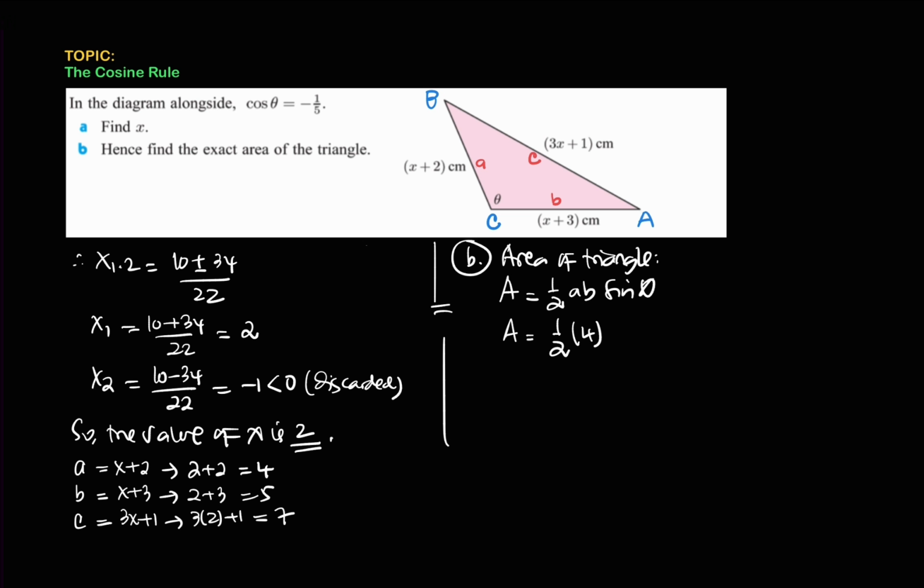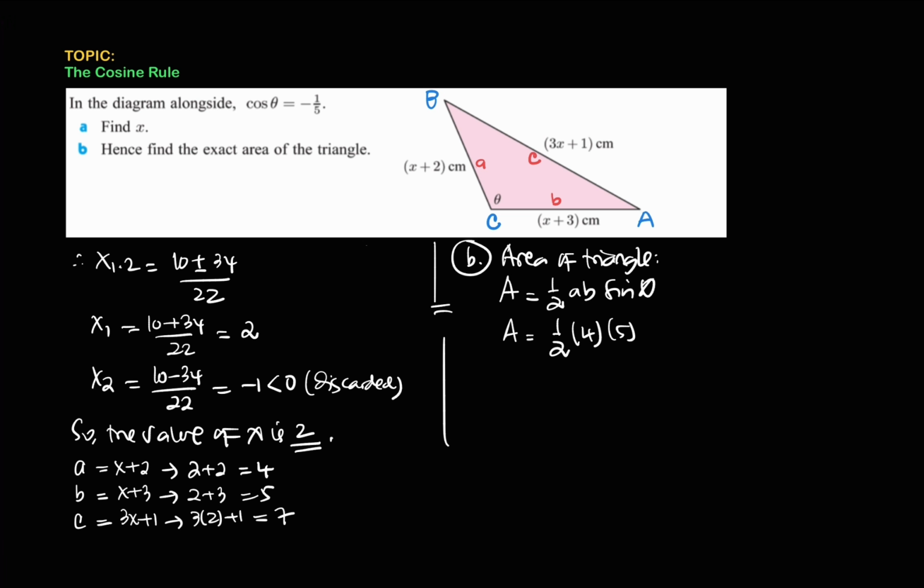Now we can apply this. For b, we have 5, and then you multiply with the sine. We have cos theta equal to negative 1/5, and then we can work out this equation.